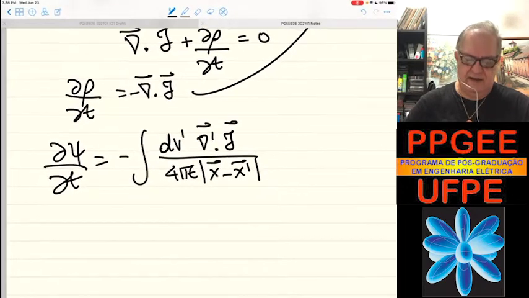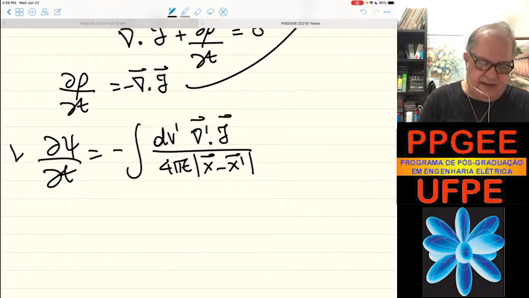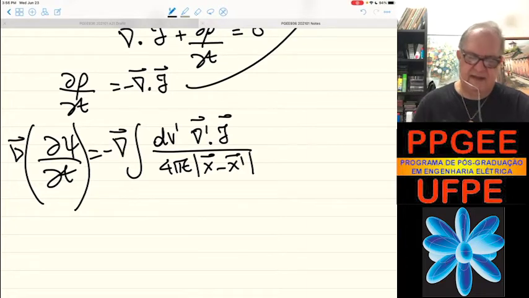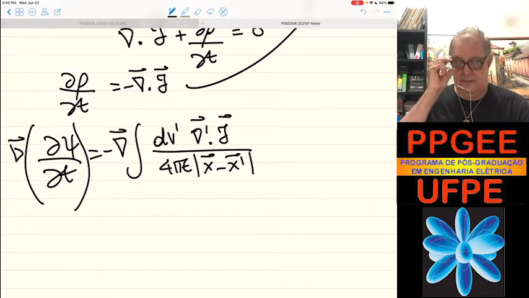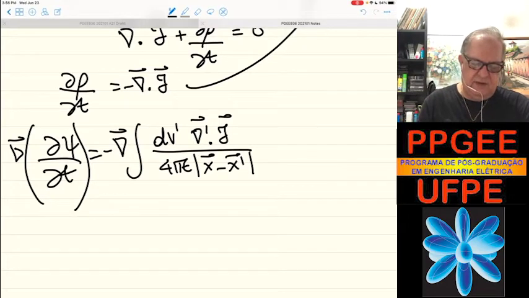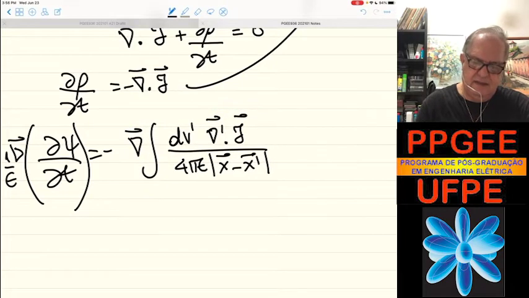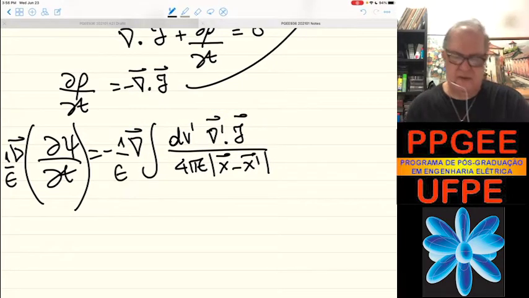If I put the nabla here, it's going to be something like that, and then we have 1 over epsilon. That's what we got.